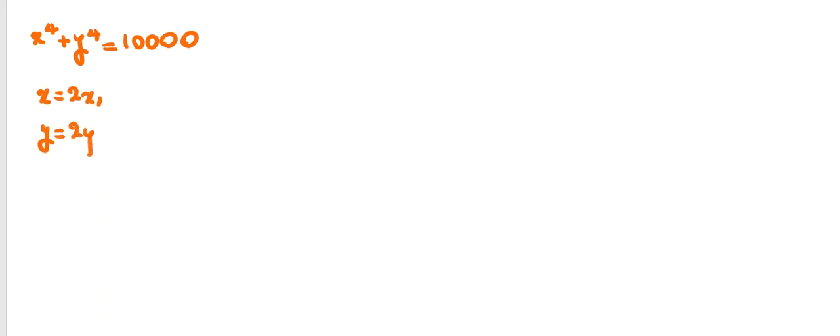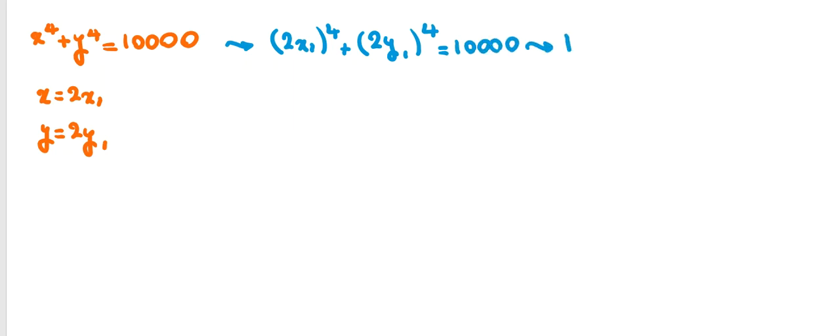So let's analyze this case. x to the 4 plus y to the 4 equal to 10,000. Now we can conclude x is 2x1, y is 2y1. Now let's replace. We conclude 2x1 to the 4 plus 2y1 to the 4 equal to 10,000.